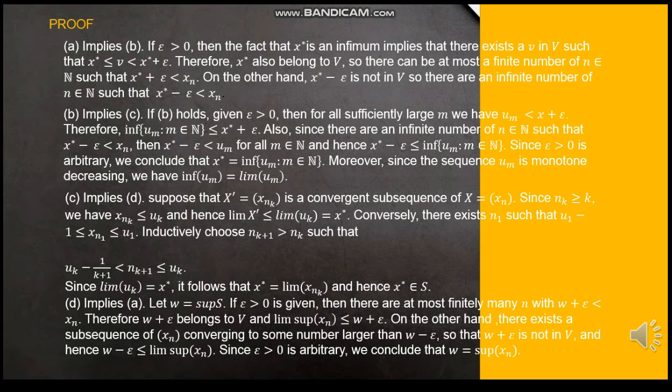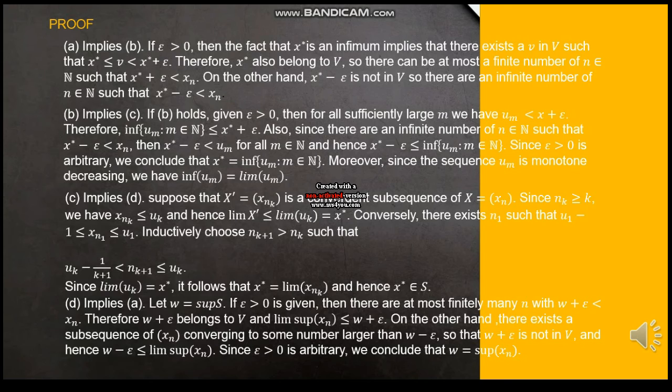Proof. A implies B. If epsilon greater than 0, then the fact that x star is an infimum implies that there exists a small v in big V such that v greater than or equals x star and v less than x star plus epsilon.